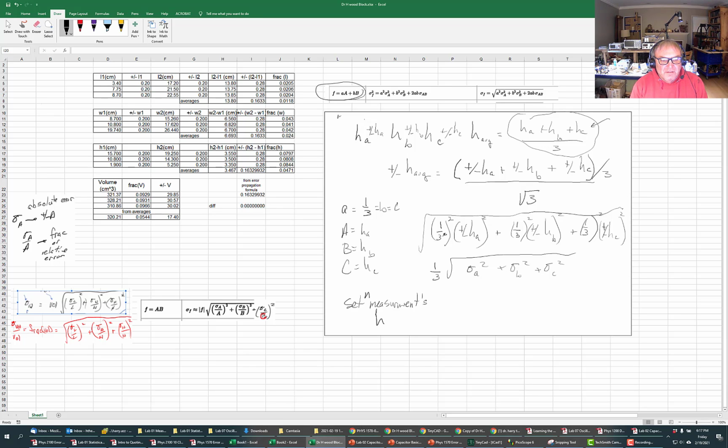So in this case, n equals 3 of H, and each one has a plus minus H. So we can always take the average. So H average equals sigma, which just means adding, H sub I, I equals 1 to n. And so then you see how we get 1, 2, 3. And then we divide by n. And then again, in this case, it's 3.